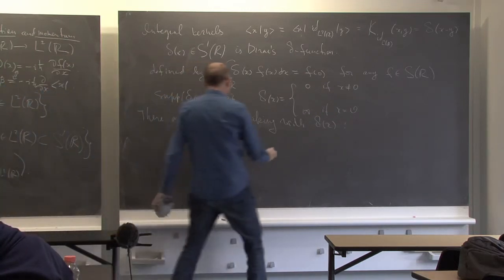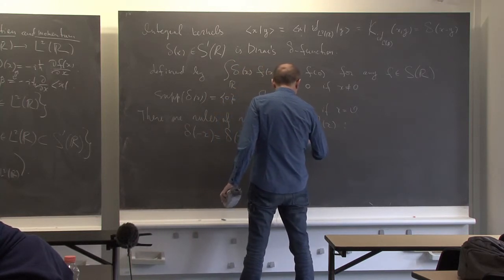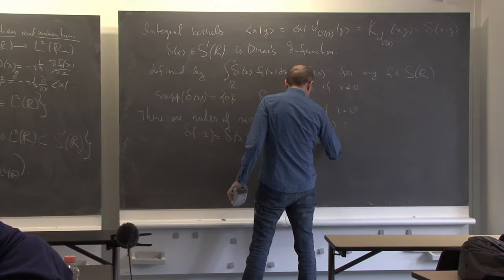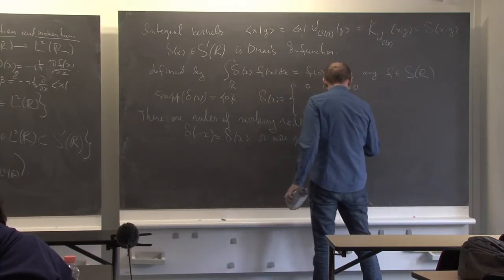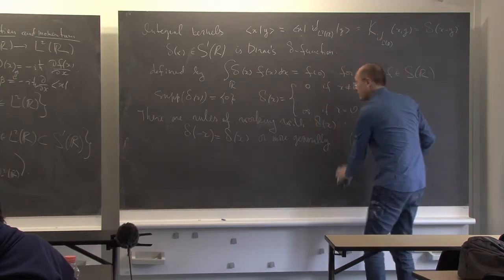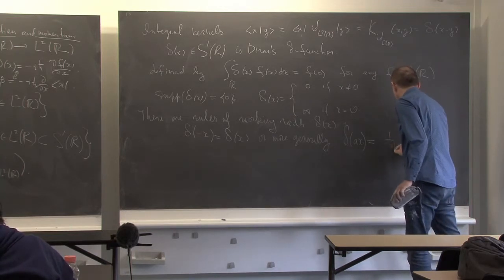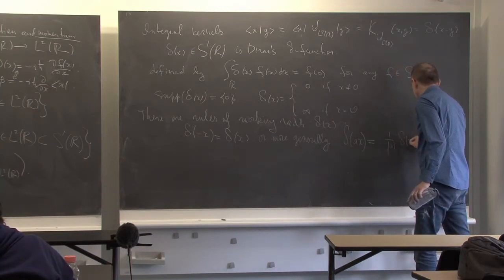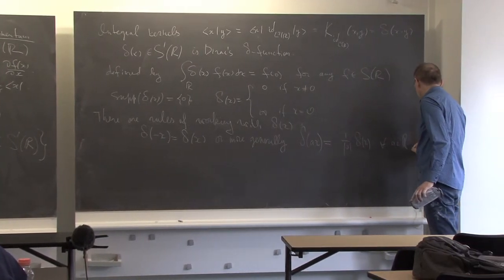Or more generally, delta of ax is 1 over the absolute value of a times delta of x, for any non-zero a in R.